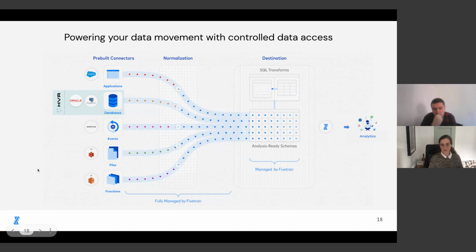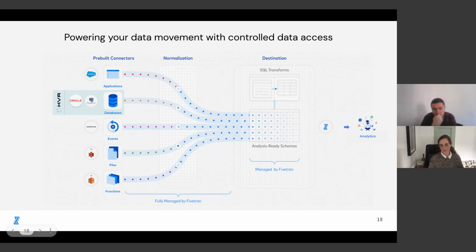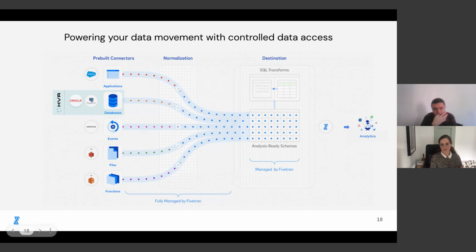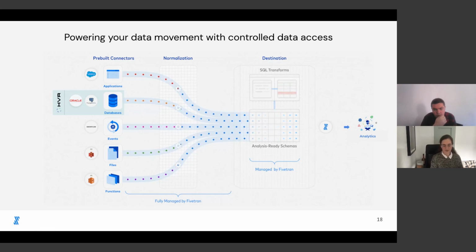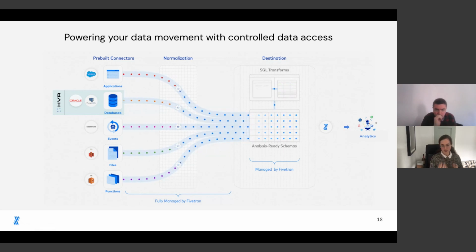We don't just move the data, we do it intelligently. We don't just move the full data set every single day or every single time you want to sync data. We actually only look at the rows that have changed.